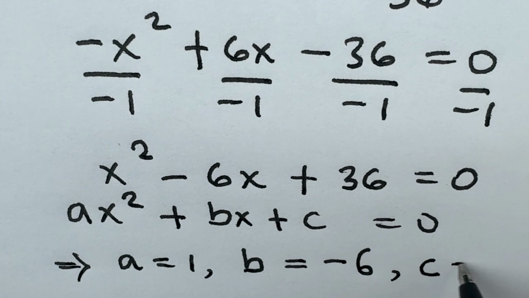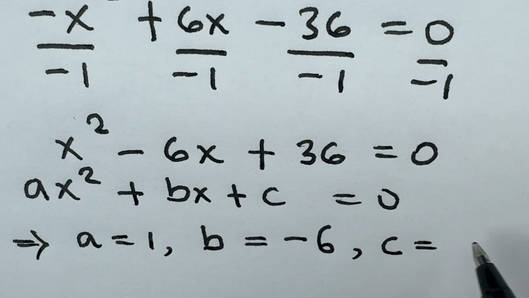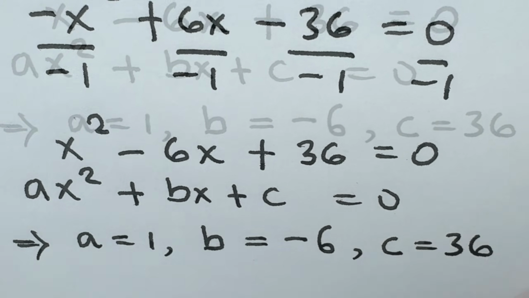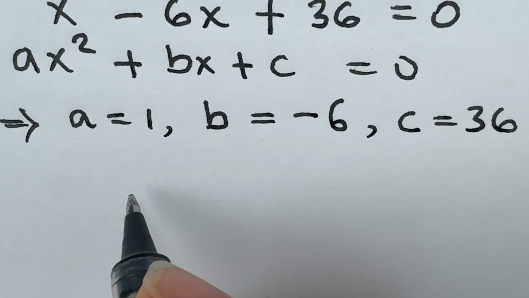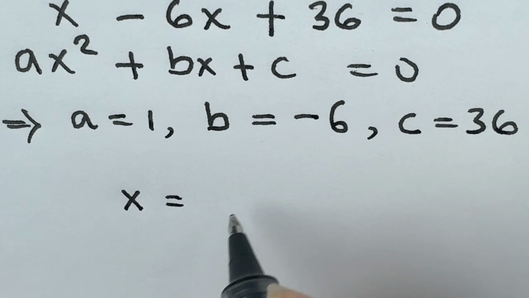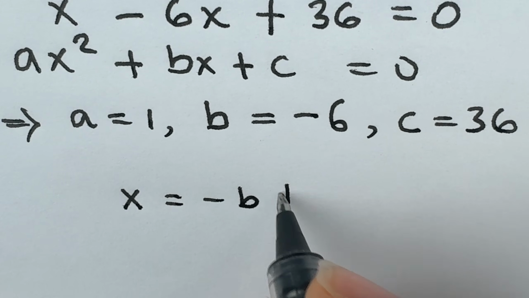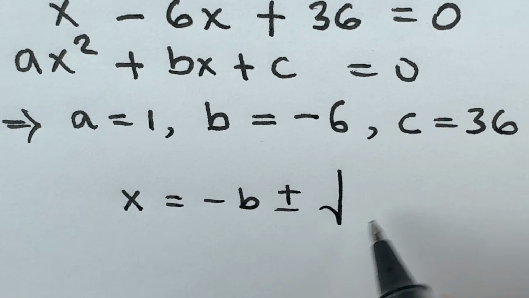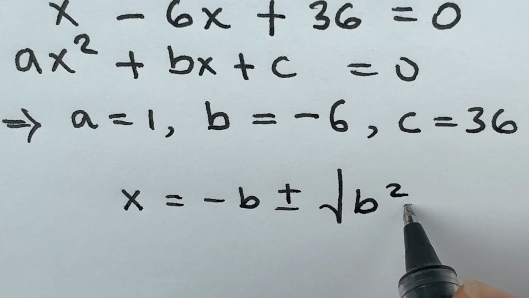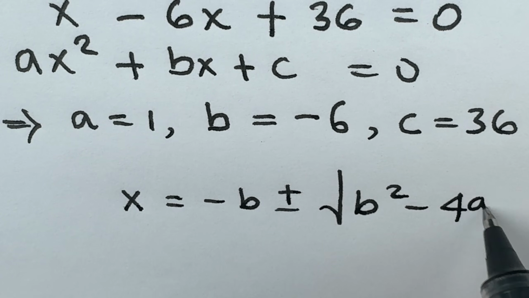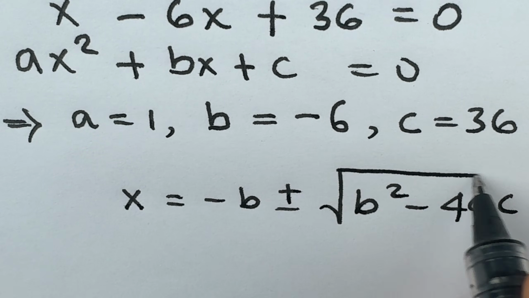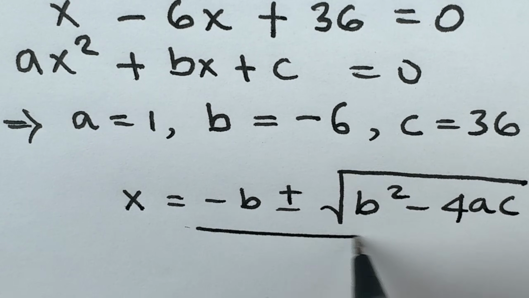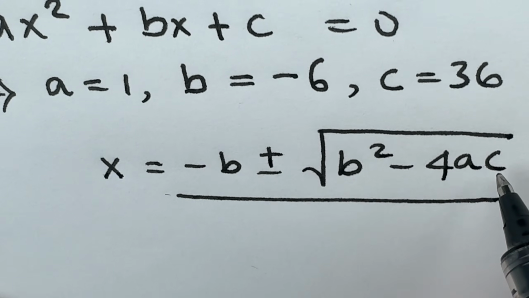And c is 36. Then the general quadratic formula, x is equal to minus b plus or minus the square root of b squared minus 4ac, divided by 2a.